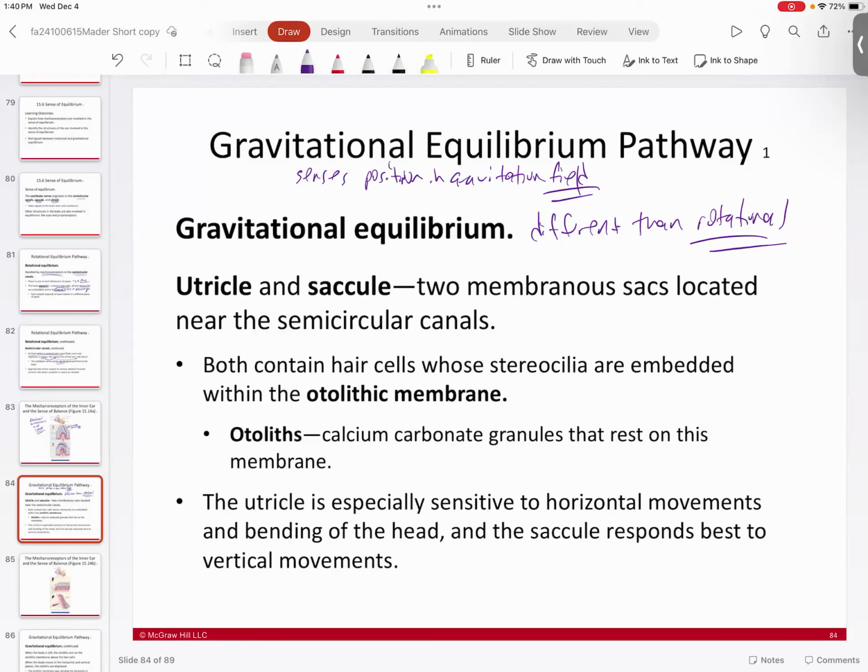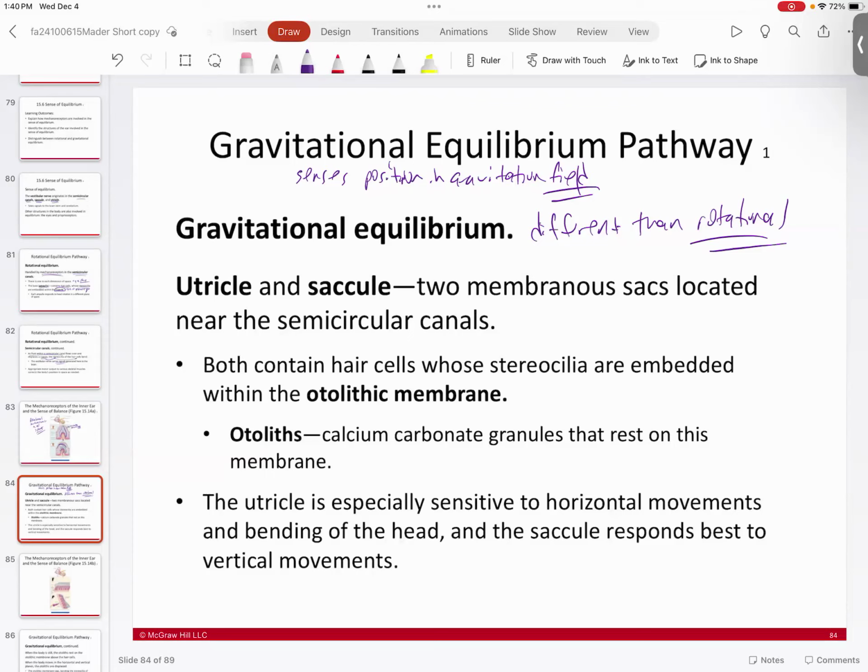So for instance, if I were to bend over like this, notice I'm not rotating my head, but I know that my head has gravitationally gone to a lower point in the gravitational field. So I have a sense of awareness of where my head is.